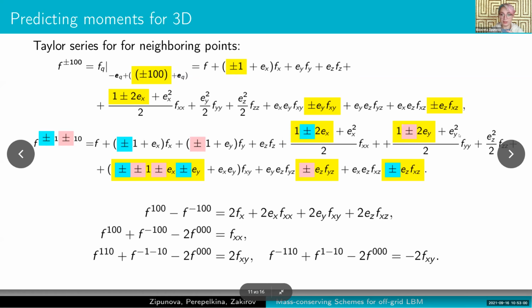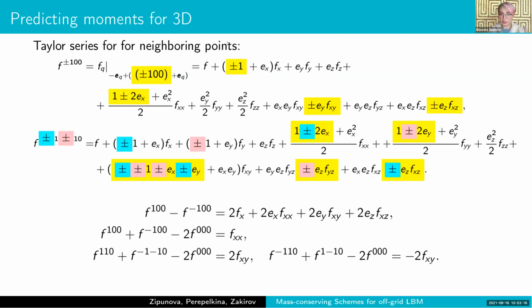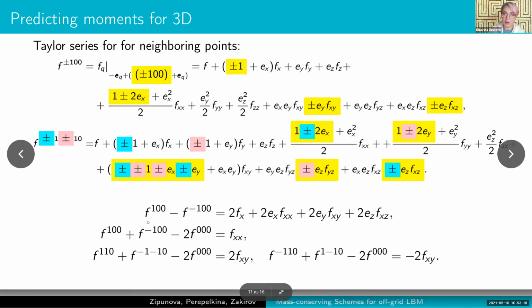So we need to take the series for the central point and add such a combination of discrete distribution functions from neighboring points that only f will stay. Firstly, if we subtract the value at -100 from the value at 011, only the terms highlighted in yellow will stay.